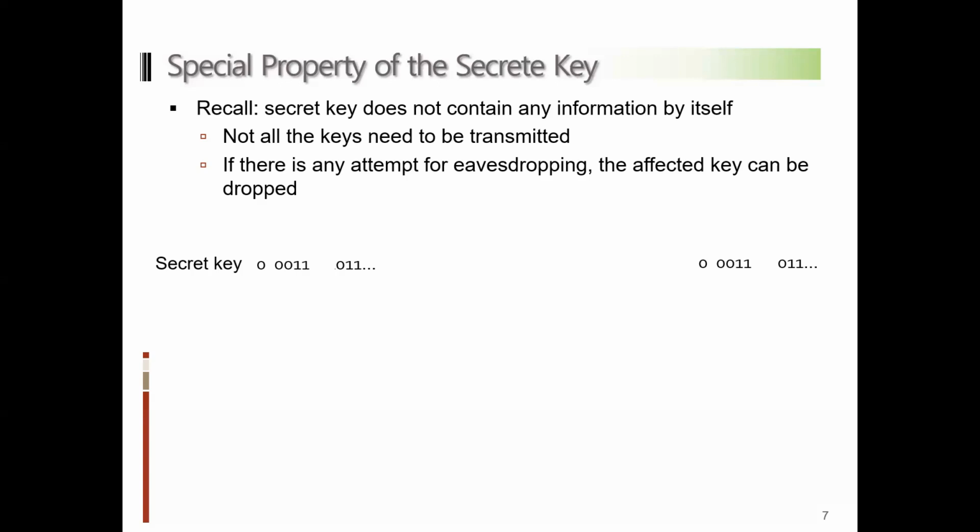That's what the no-cloning theorem says. Because of that, if you just use a single photon as the transmitting medium, there is no way you can make a copy of it and measure it any better than what Bob can do.